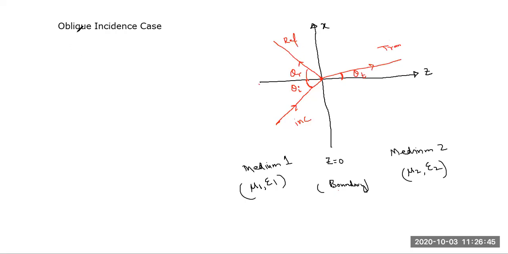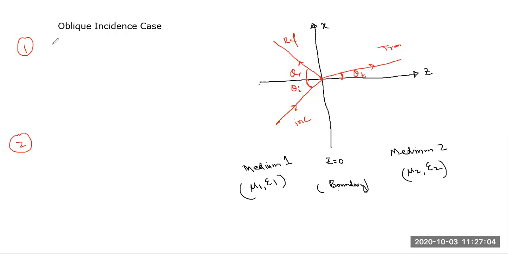This oblique incidence case we can divide into two parts, and it's important to understand the difference because we will end up with two equations.